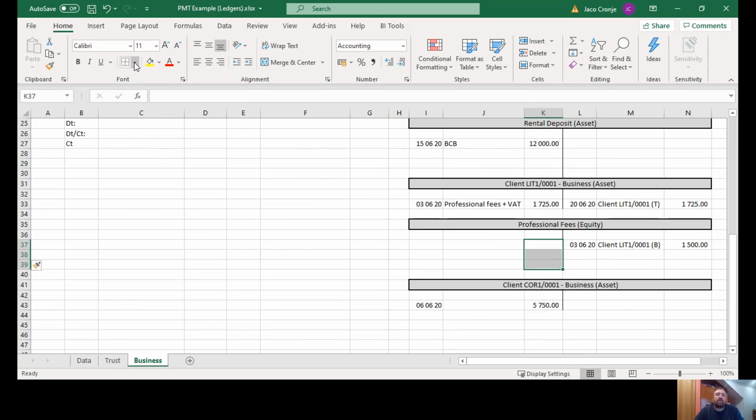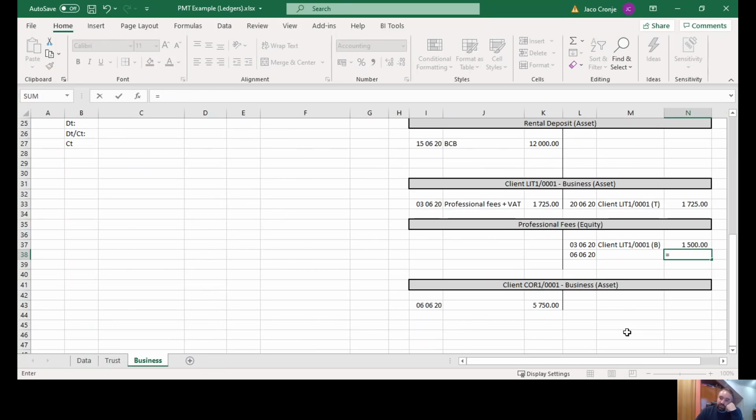Now in this case, I don't have to go and open up a separate professional fees account for each client. So I can just go on below there and say on the 6th of the 6th, 2020. And how much is the fee? The fee is my inclusive amount divided by 1.15.